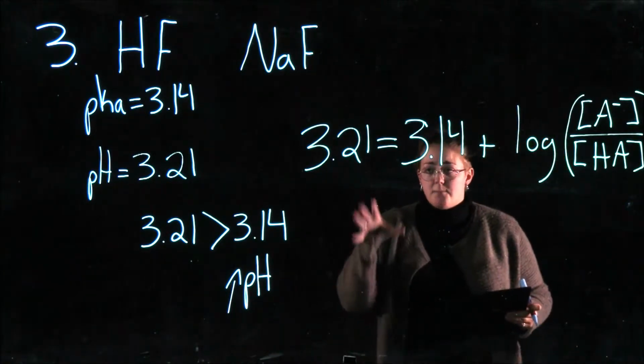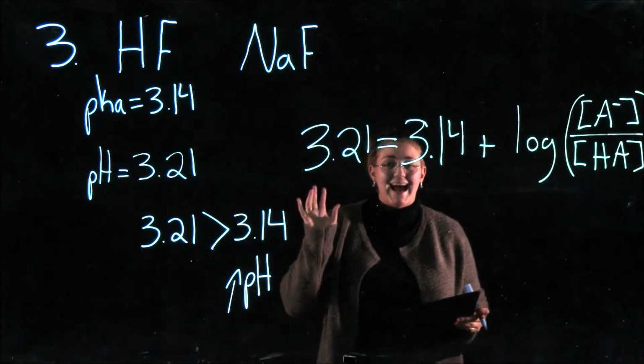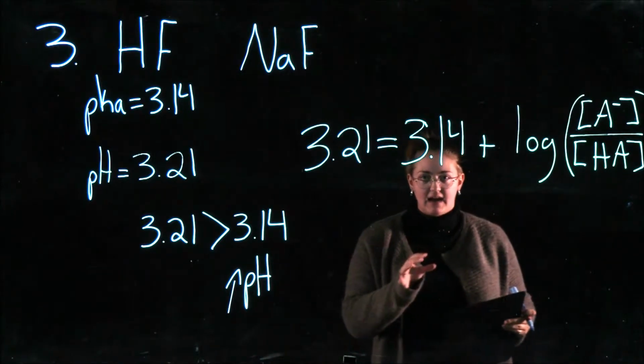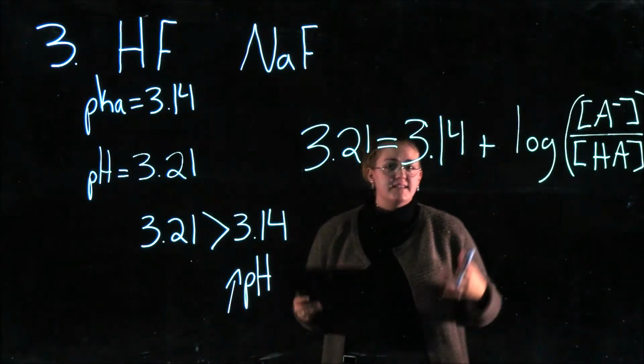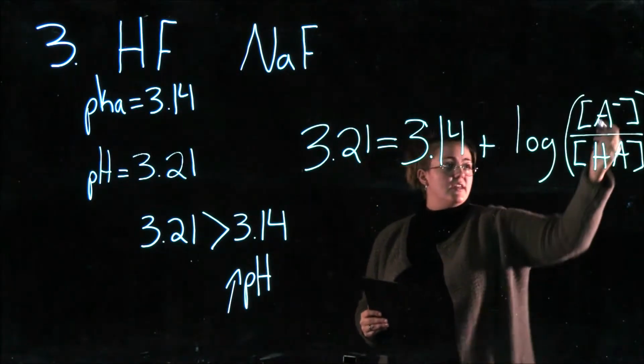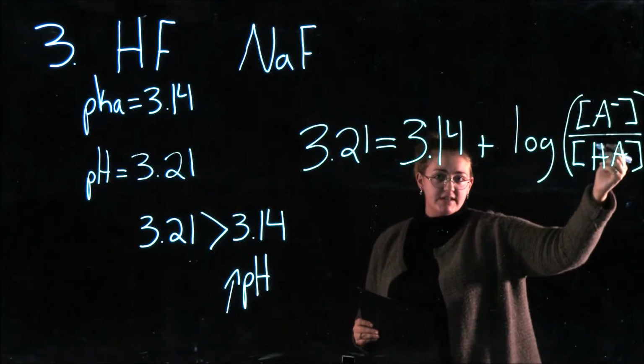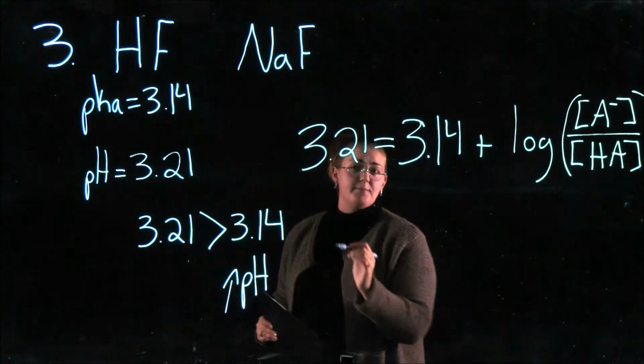So if our overall pH is higher than our pKa, then we know that something had to happen with our concentrations for there to be a change in our pH.